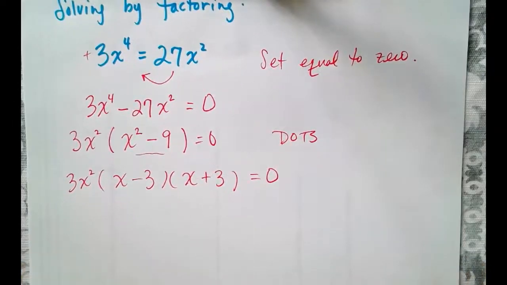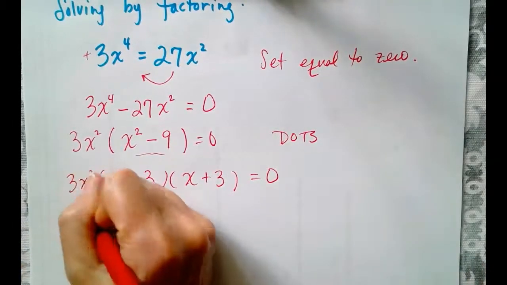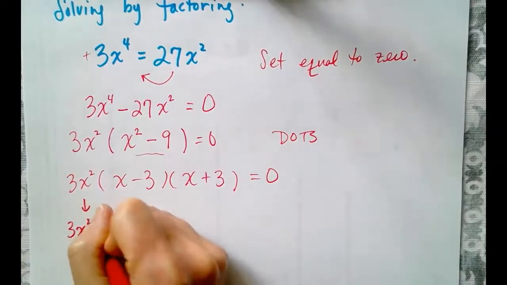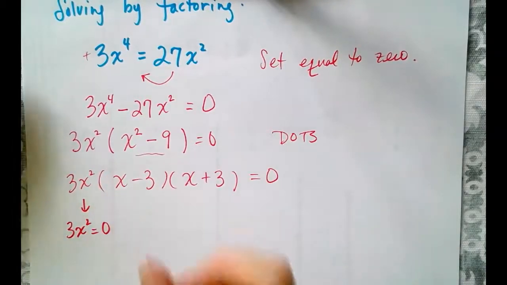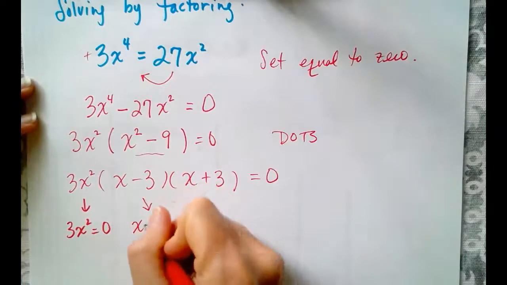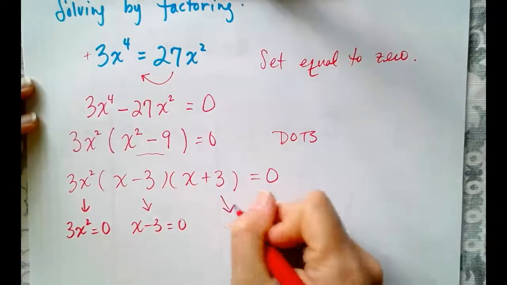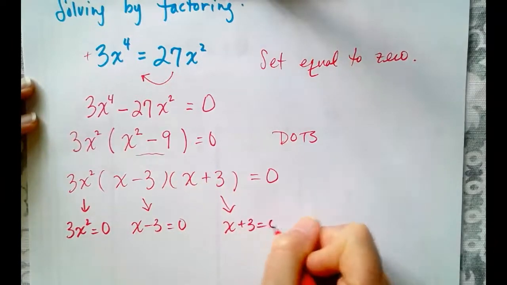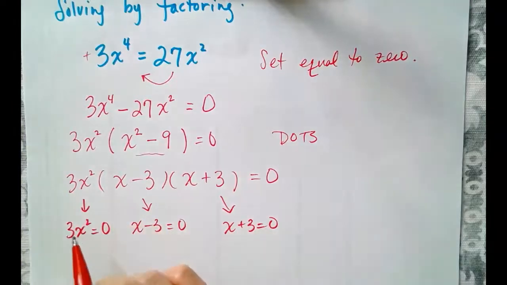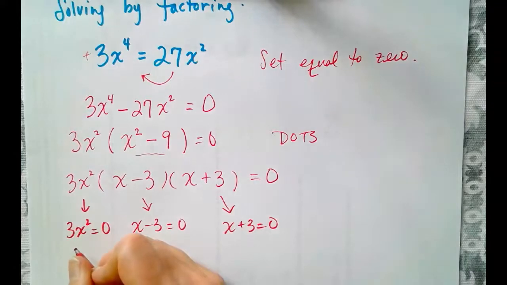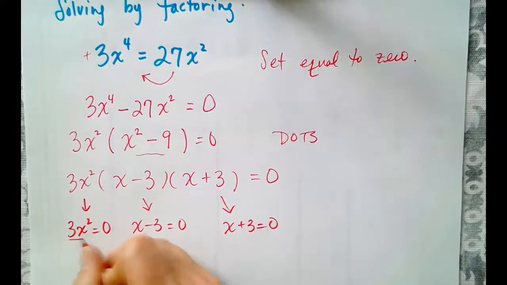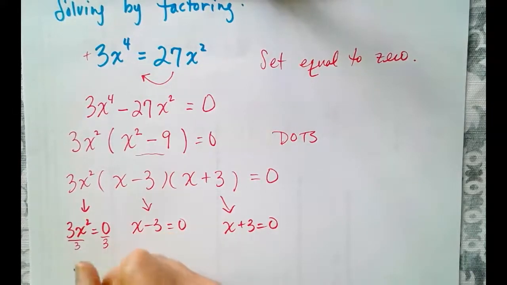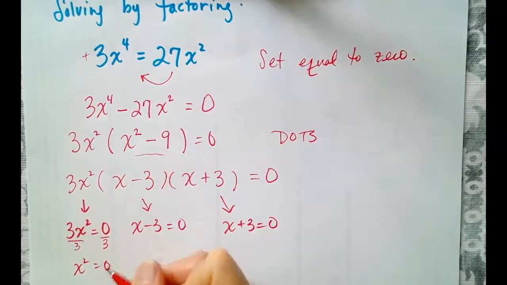And now that we're factored completely, we're going to take each factor and set each factor equal to 0. So this first factor, 3x squared equals 0, does yield a double root of 0. So divide by 3, divide by 3, x squared equals 0.